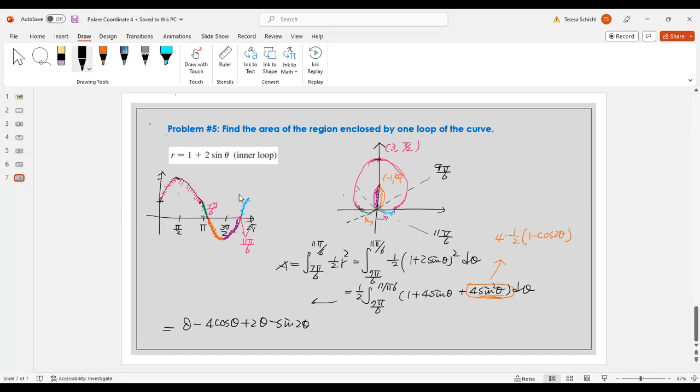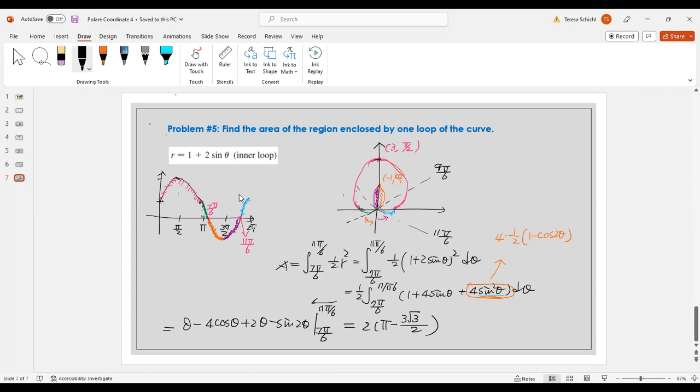I will evaluate that from 7π/6 to 11π/6. My answer will be 2π − √3/2 here.